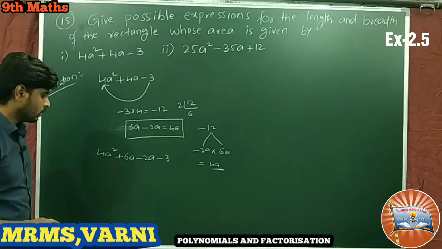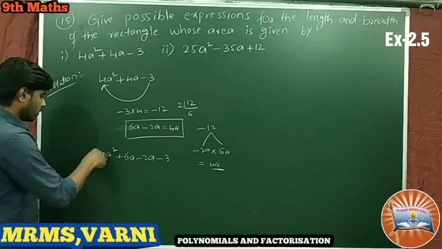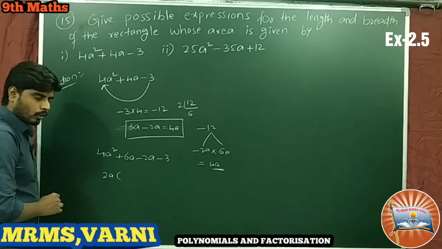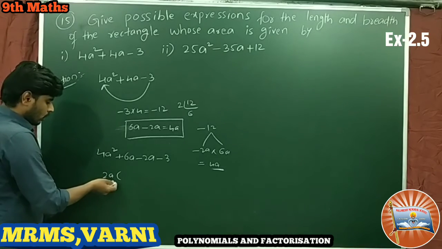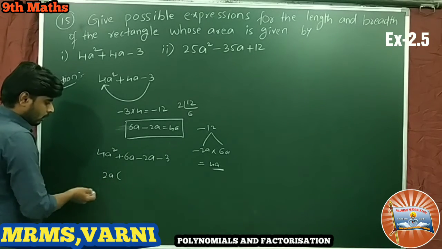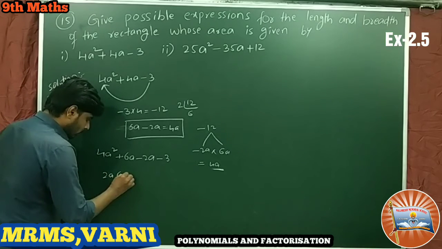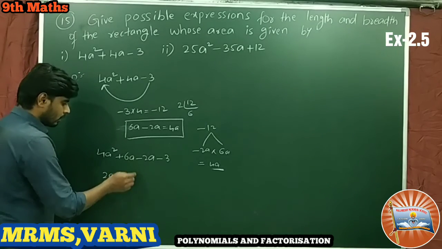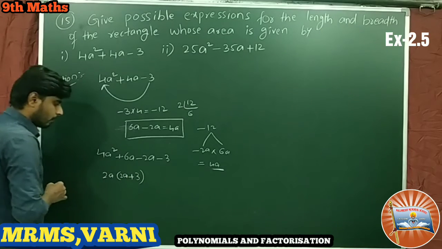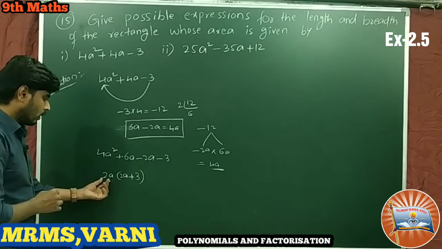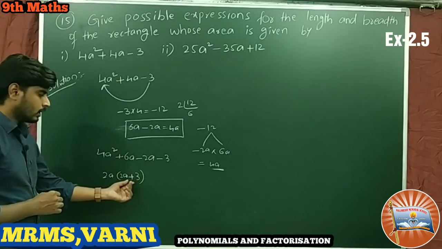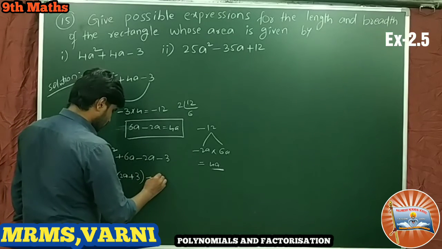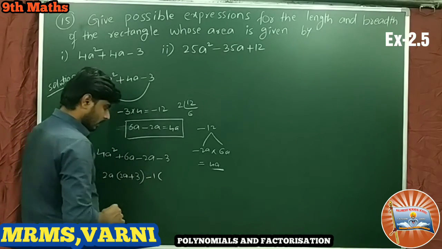You got that? So take 2a common here. If I take 2a common, here it is remaining 2a plus 3, because 2a into 3 is nothing but 6a. Next, take minus 1 common here.